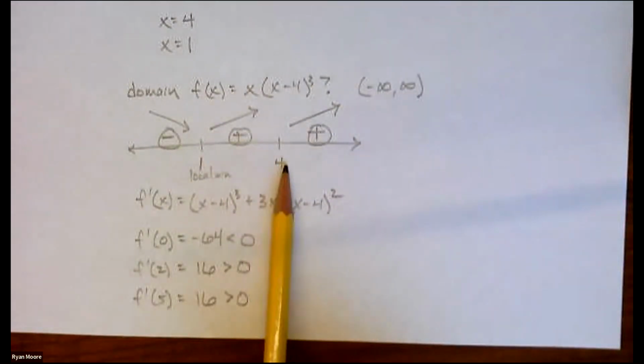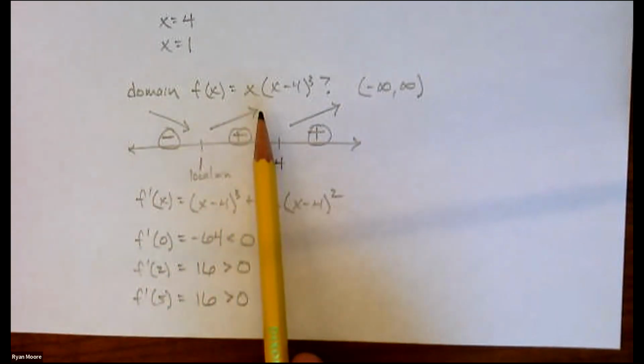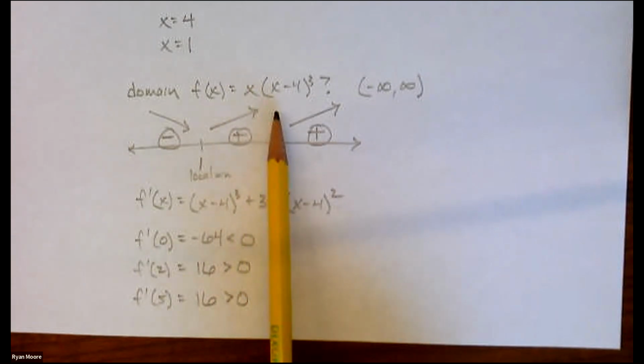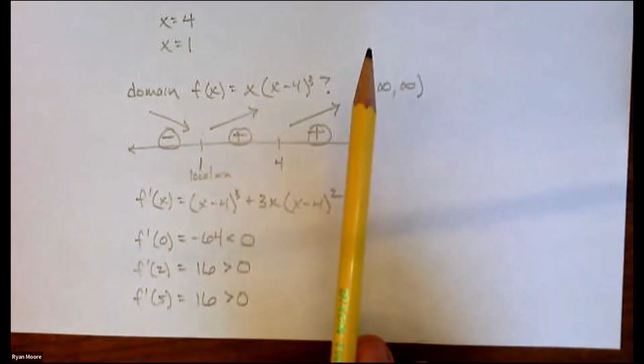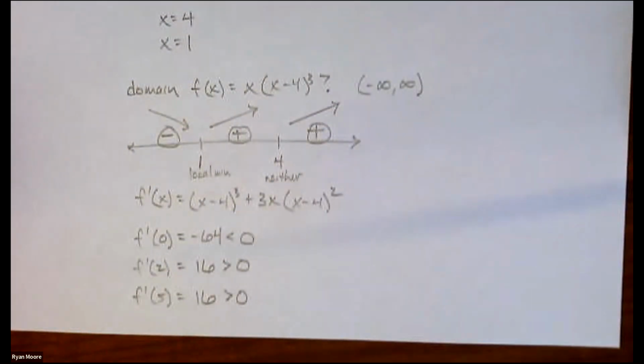What about 4? 4 is neither. It was going up, then the derivative became 0, but then it kept going back up after that. So it never made a max. It went up, leveled off just at that one point, and then kept going up again. So neither max nor min.